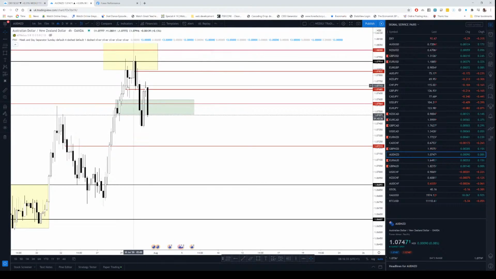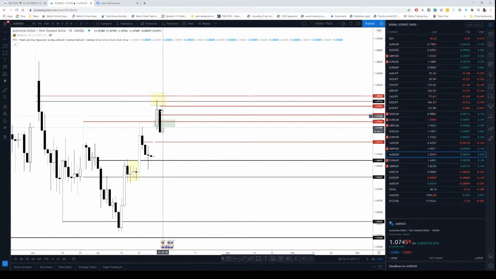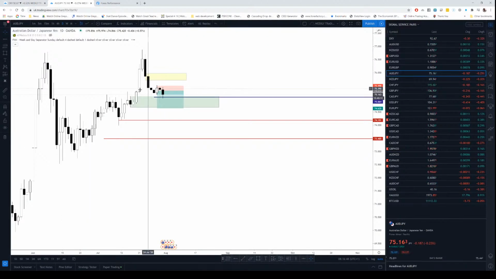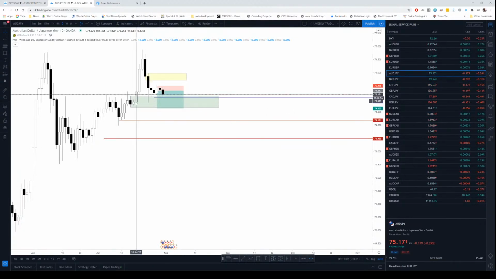You can see we've rejected and we are coming down, so the weakness will be on the Aussie, not on the New Zealand. So I would rather take the Aussie and leave the New Zealand, because going forward this one has moved significantly to the downside, taking out this low, whereas Aussie hasn't yet.